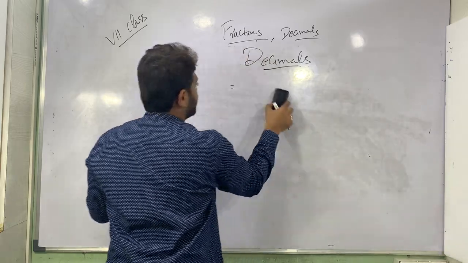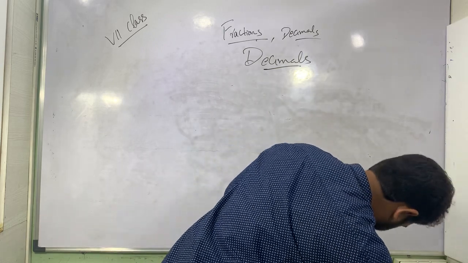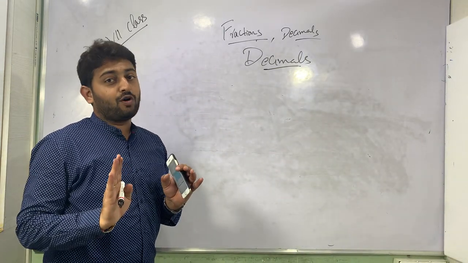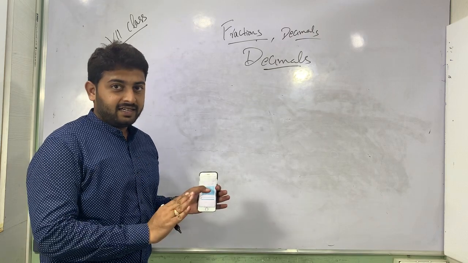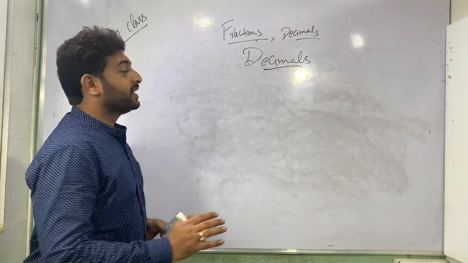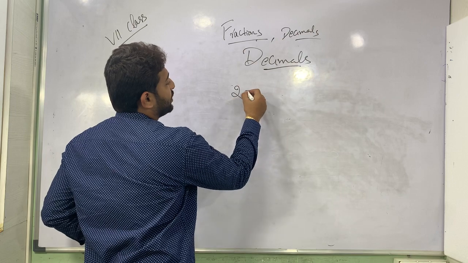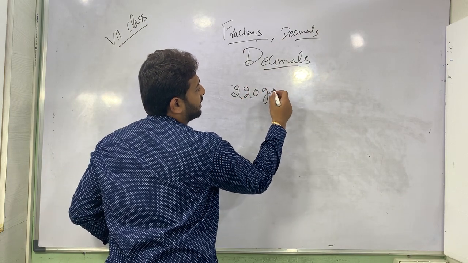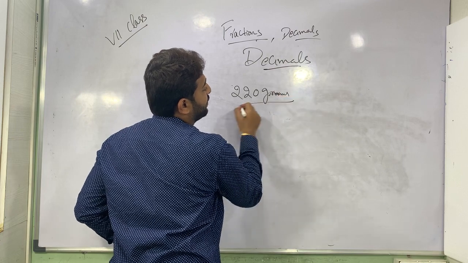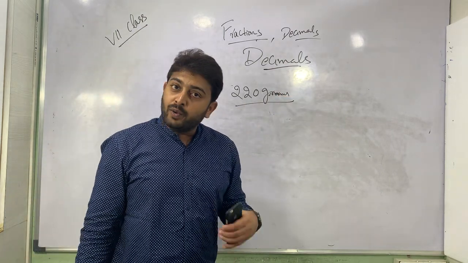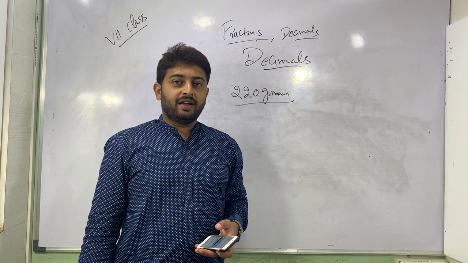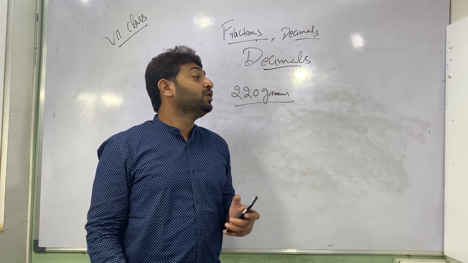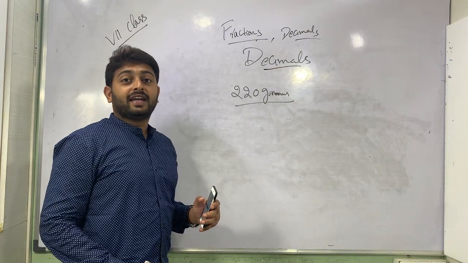So I'm just telling you general examples. Now, for example, your mom asked you to bring atta from a shop. She asked you to bring 220 grams of atta. But when you went to the store, the shopkeeper asked you to tell him in kilograms.